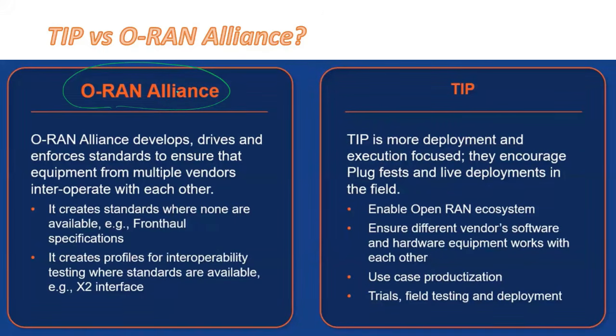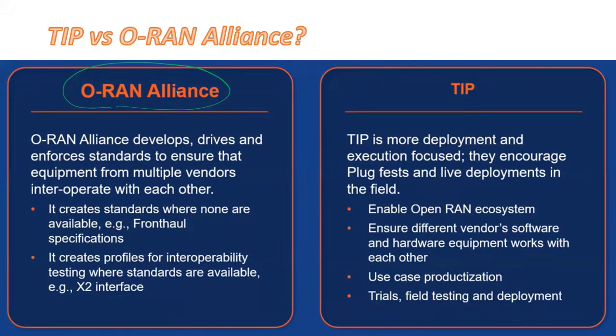It develops and enforces standards. It wants to ensure that equipment from multiple vendors can interoperate with each other. It provides fronthaul specifications and so on. But TIP is related to deployment and testing. TIP enables the open RAN ecosystem. It ensures different vendors' software and hardware equipment work with each other.